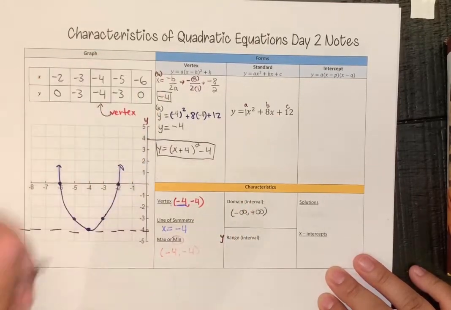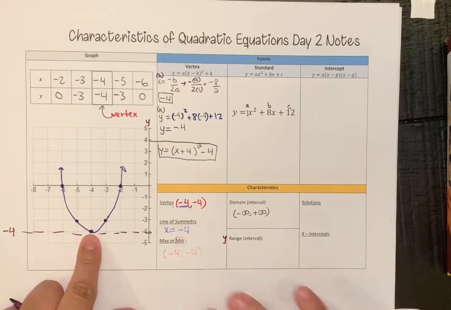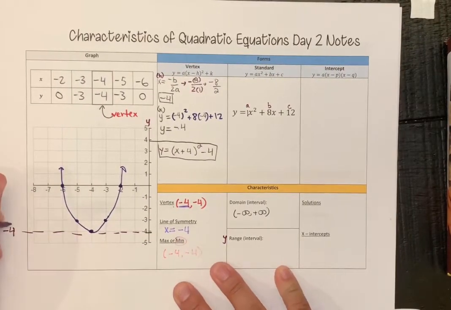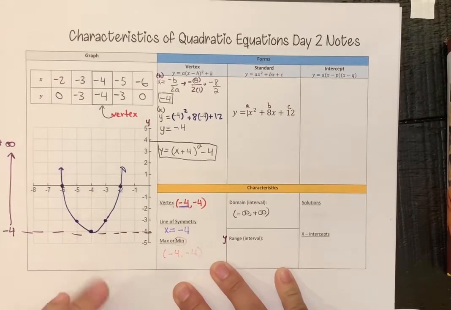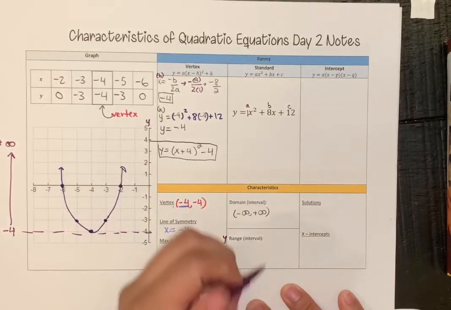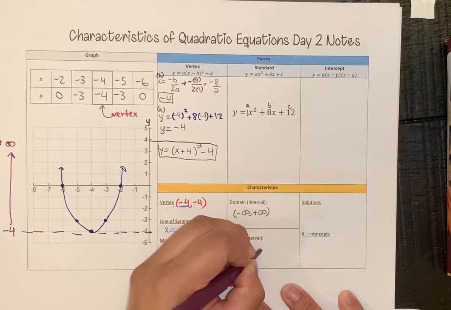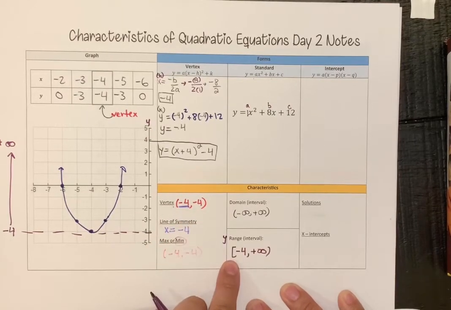This is our y-axis. So we start at -4, and the graph is above this line. So we're going to go up to infinity because we don't have any stopping point in the top. So our range is from -4 to positive infinity. Keep in mind that that -4 should have a bracket.